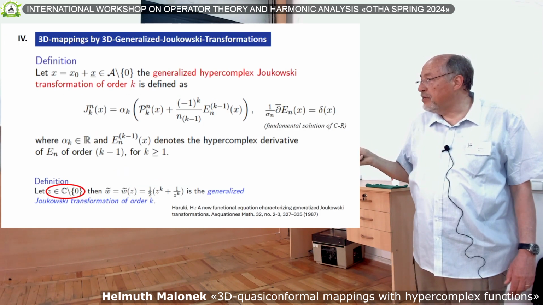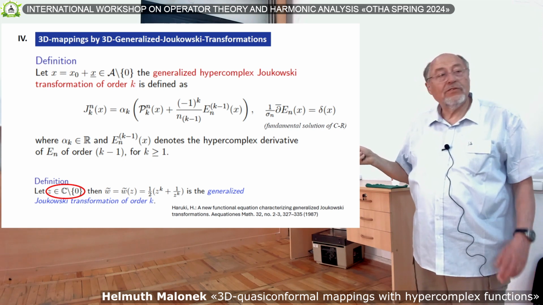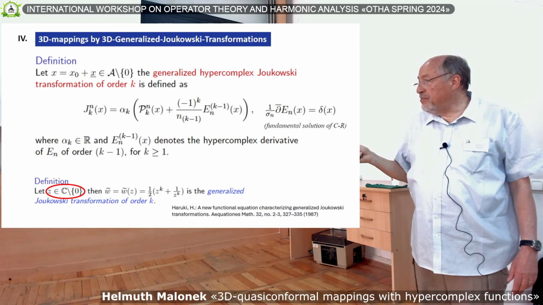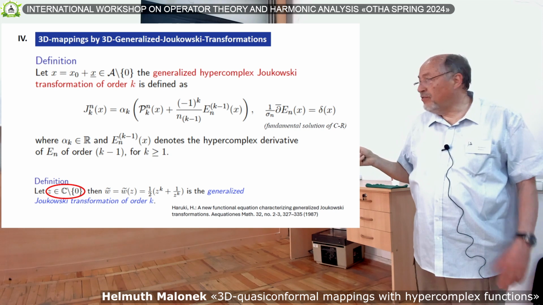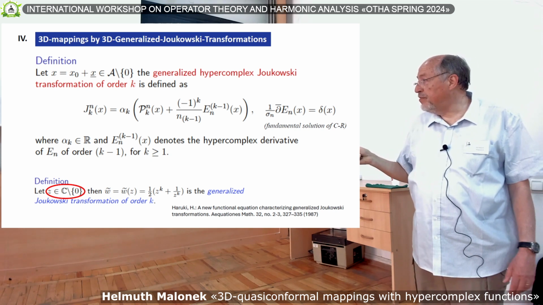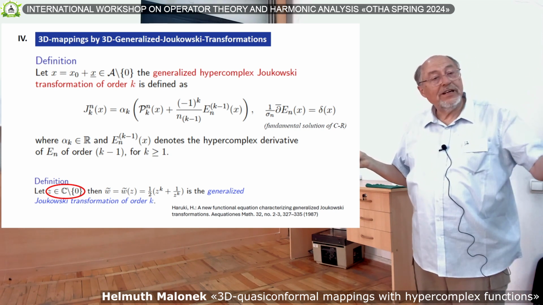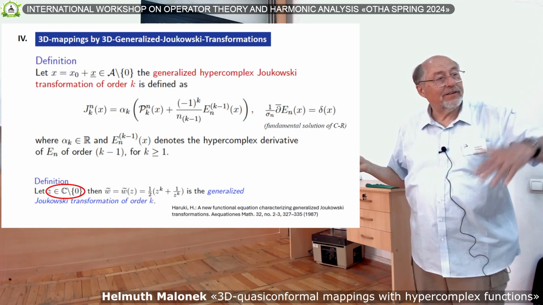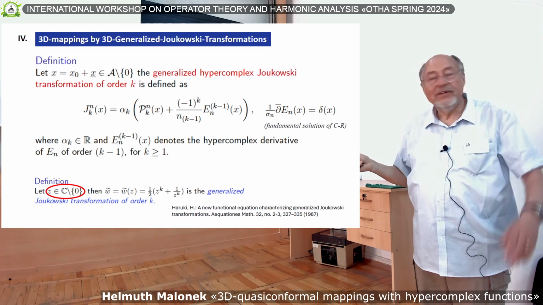And also what I would like to mention, we did this not only for the case k equal to 1, but also for this generalized Joukowsky transformation of order k. It's not so well known, but there were papers in the 90s about functional equations. There Chebyshev comes in, Joukowsky implies a relationship to Chebyshev's functions.